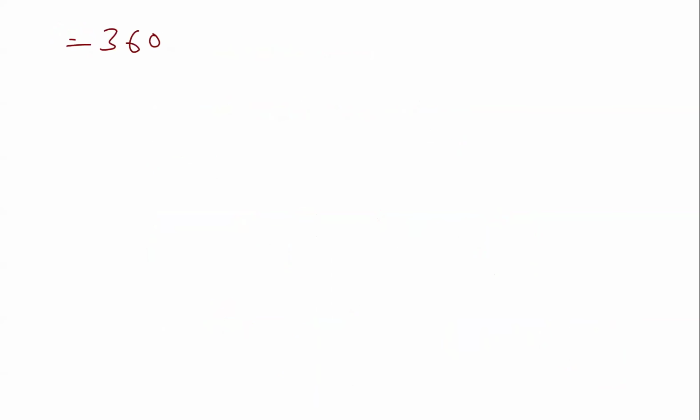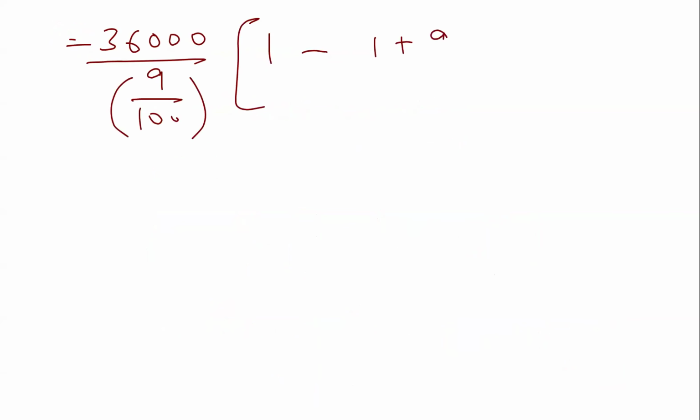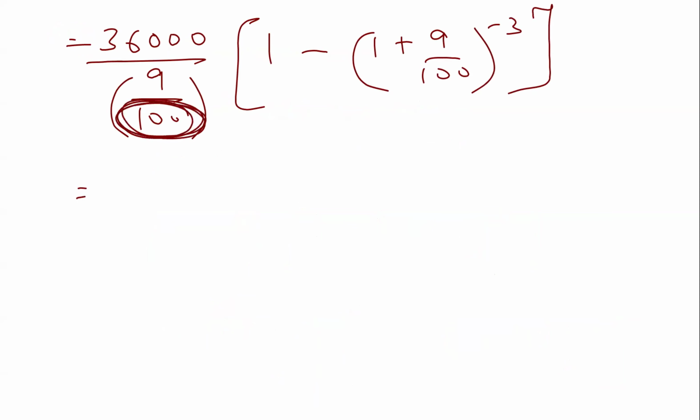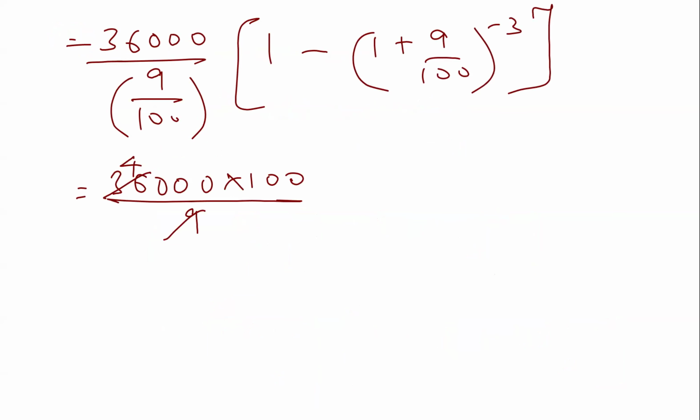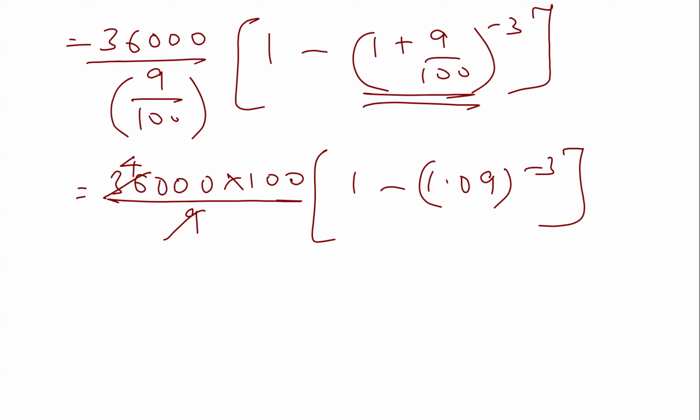So this is equal to 36,000 upon 9 upon 100, 1 minus (1 plus 9 upon 100) raised to minus 3. This 100, the denominator's denominator, will become the numerator. We can put it in the numerator over here. 9 ones are 9, 9 fours are 36, that also we can do. Now this will be 1 minus, if you calculate, 109 upon 100, which is 1.09, raised to minus 3. 109 upon 100, so the decimal point will be after 1.